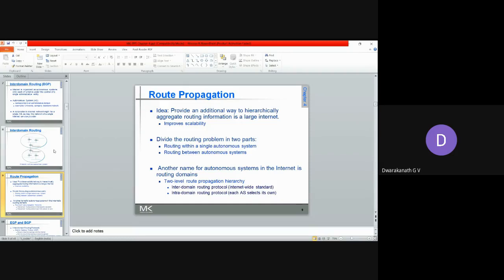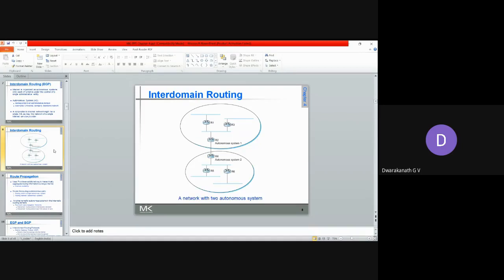Now I will tell you in detail about this. The internal routing of this particular autonomous system: assume, as the best example, that our entire BMS trust institutions are under one internet, and the different branches are there.